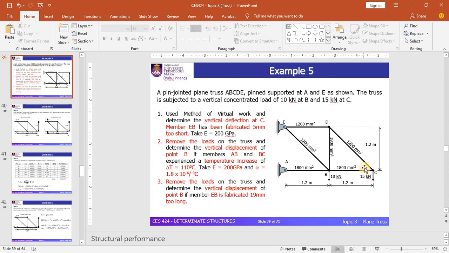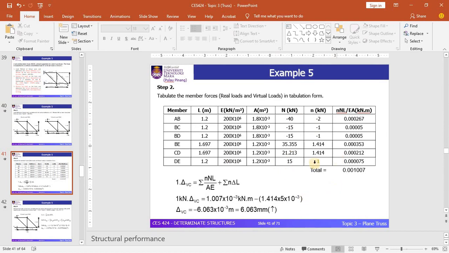For the real diagram, it remains the same and you can recycle that value. But if the question asks for a different joint, you need to recalculate the internal forces for the virtual diagram. In this case, the point remains the same, so you just recycle the values in this table.